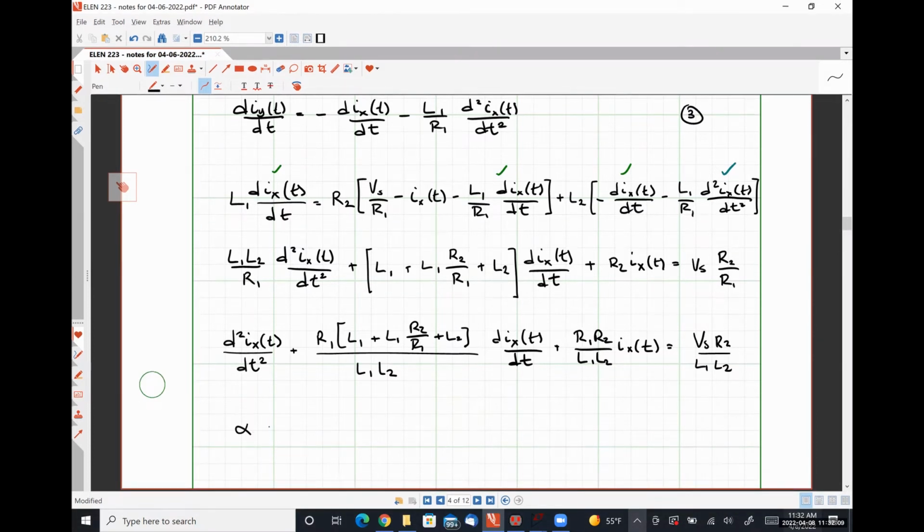So alpha here is then going to be this coefficient over 2. So that's R1 times L1 plus L1 R2 over R1 plus L2, all divided by twice L1 L2. Let's throw that in a calculator.